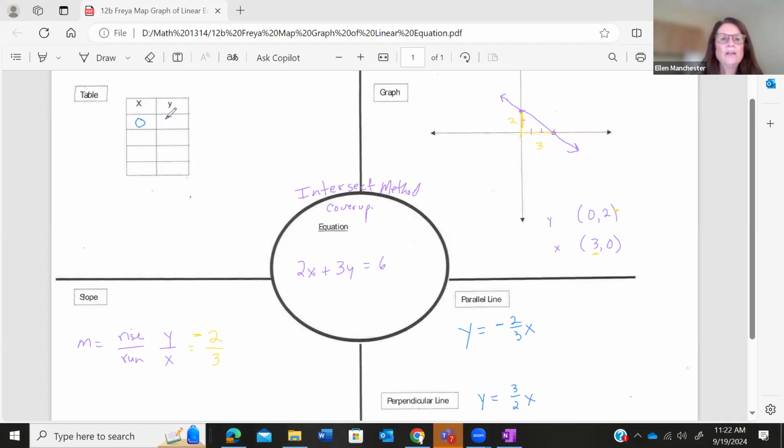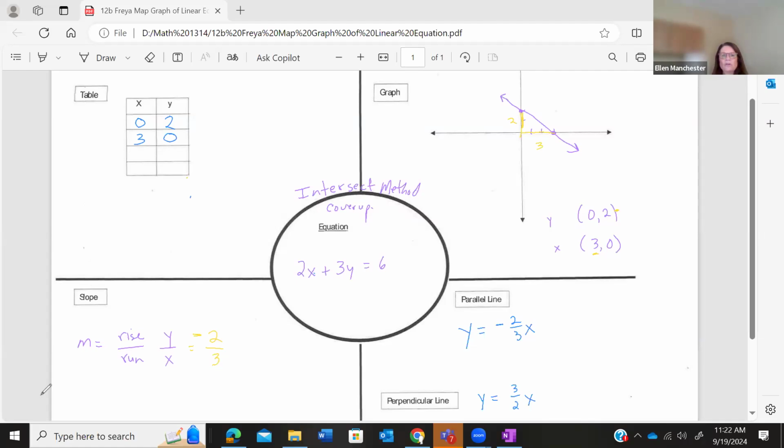So y is going to equal 2. If I put in 0 for y, which is exactly what the cover up method does, I end up with 2x equals 6. So x equals 3. And that's really all you need to do when it's set up in the standard form like that. Just look for the intercepts. So it's just a repeat of the cover up.